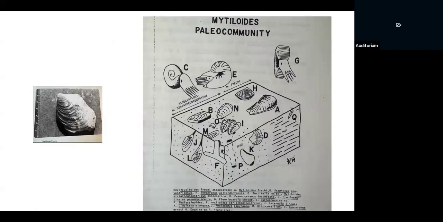Going offshore, the next one is the Metalloides paleo community. And now you see more of these weird cephalopods, Scaphites, swimming around, and then you get more recliners. You get byssally attached bivalves, and you still get infaunal bivalves here in this community.